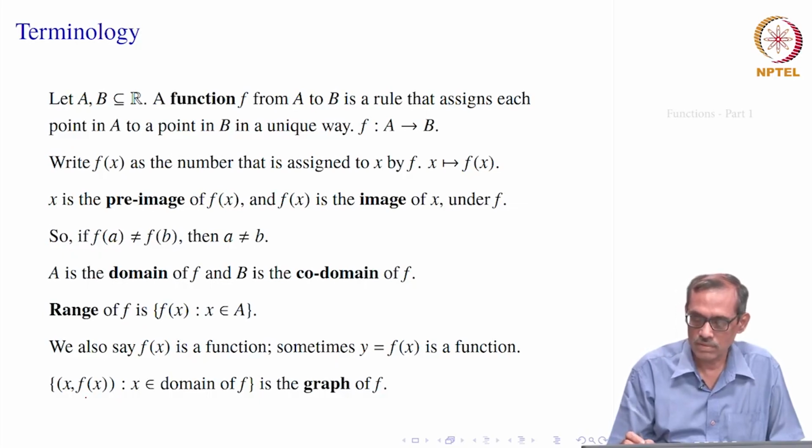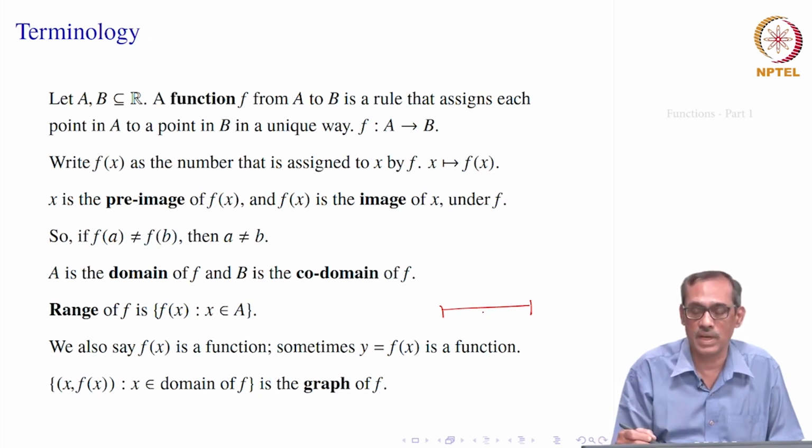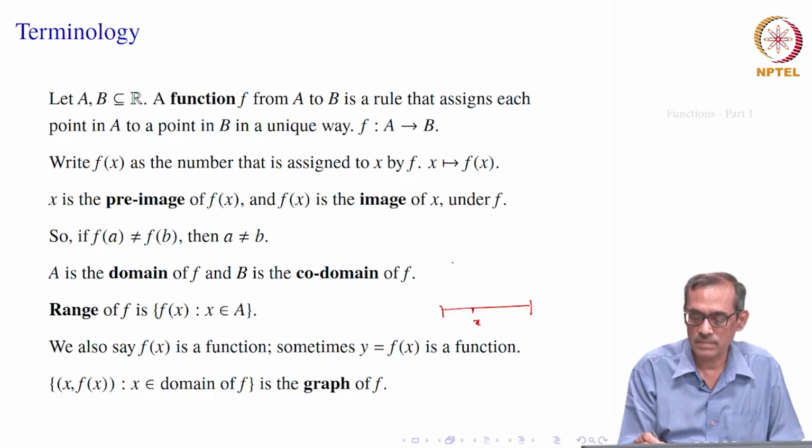So, what we do on the set A, suppose it is something like an interval. So, A is something like this and x varies over this interval, then f takes these values to somewhere in the real numbers. Say x is here, some point, then it is mapped to f of x, which is somewhere here.